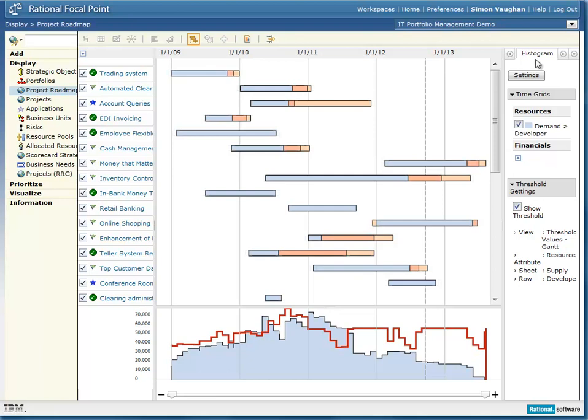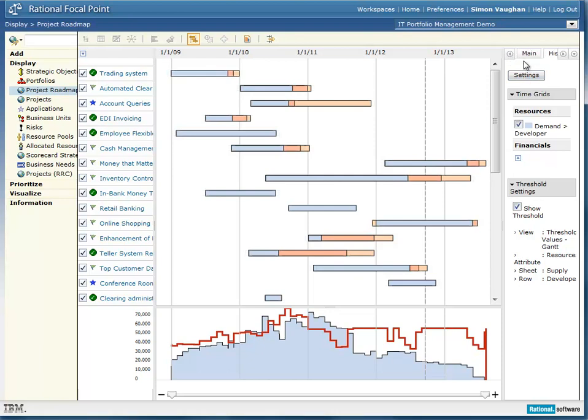So what we can see here is a roadmap for change, which includes our in-flight projects as well as those things that we're considering in the future. At the bottom of the chart here we've got a red line which indicates our capacity for a given set of resources, and then the blue bar beneath that represents an aggregation of all of the demand for our resources over time.